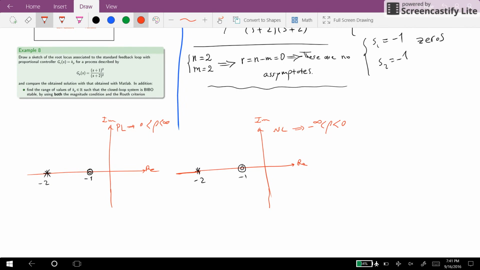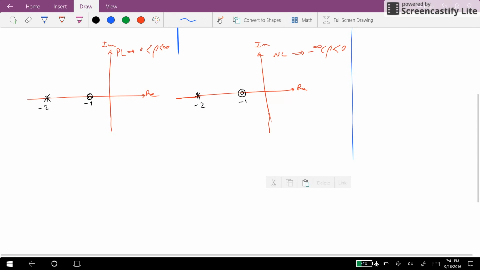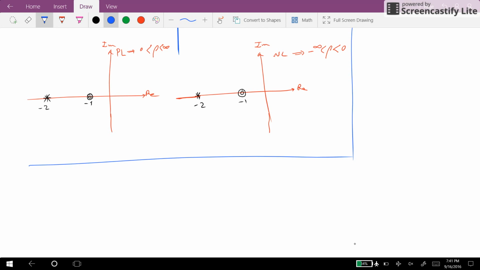We can determine which parts of the real axis belong to the root locus in each case. So basically here we have 1, 2, and 3 regions. We have one section from minus infinity to minus 2. Next section is from minus 2 till minus 1.